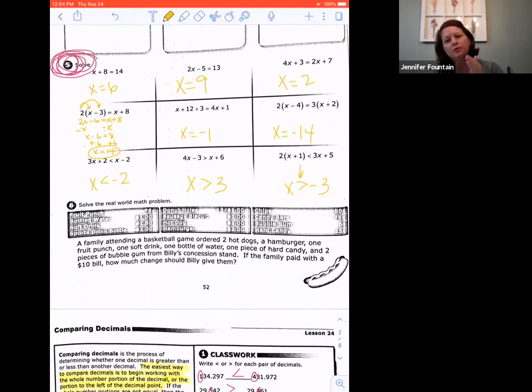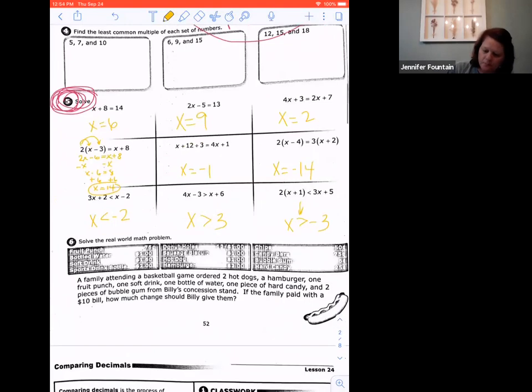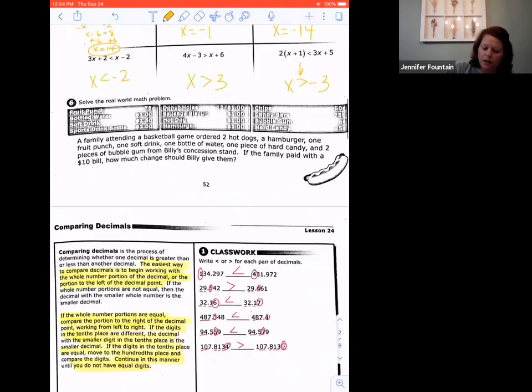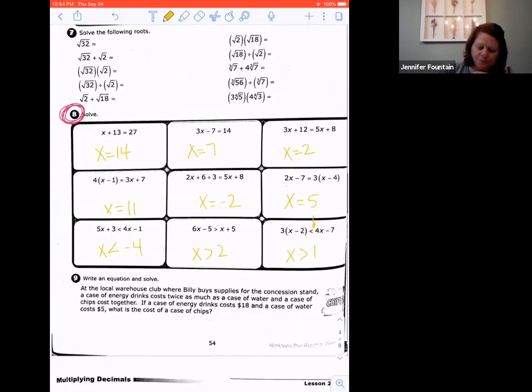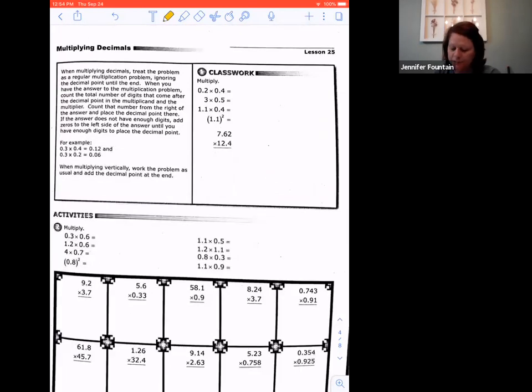If I have any numbers that are missing values, I can plug in my placeholder 0 to help me solve. And then we worked on comparing decimals, and we talked about how we always start with our whole numbers and compare first, and then we just move place value to place value depending on what's next to be able to compare which is greater than or less than. Okay. Now we're going to move on to multiplying decimals.